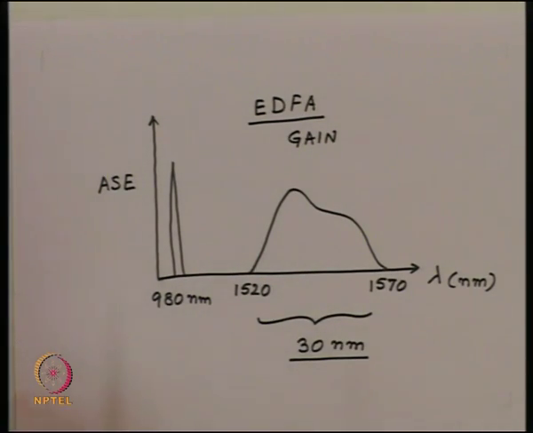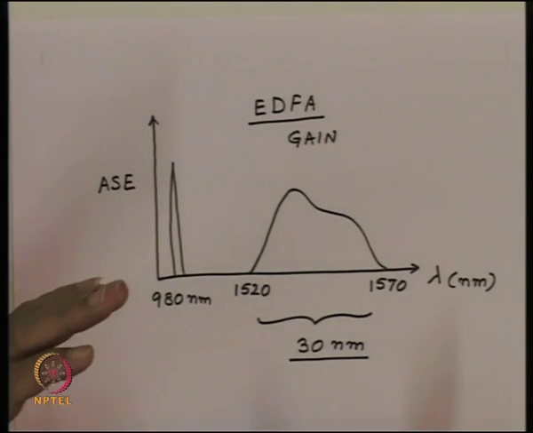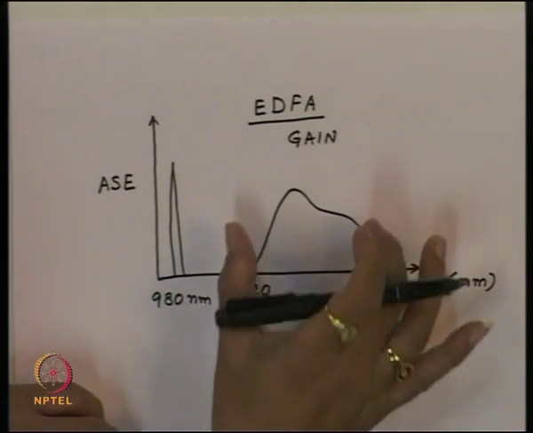If we now use the standard ITU grid, which we saw yesterday, where every 0.8 nanometer you put one wavelength, then essentially 30 nanometer divided by 0.8, about 40 channels, can be accommodated in this window of the EDFA.